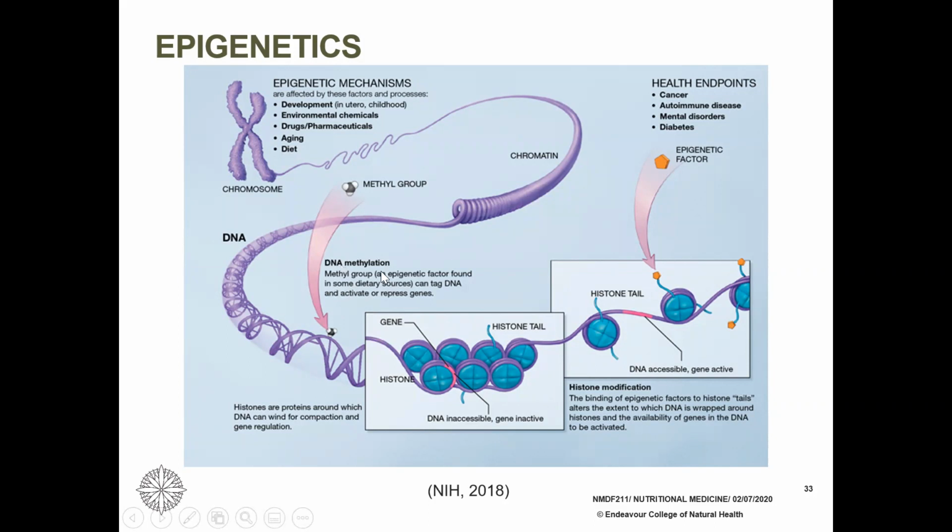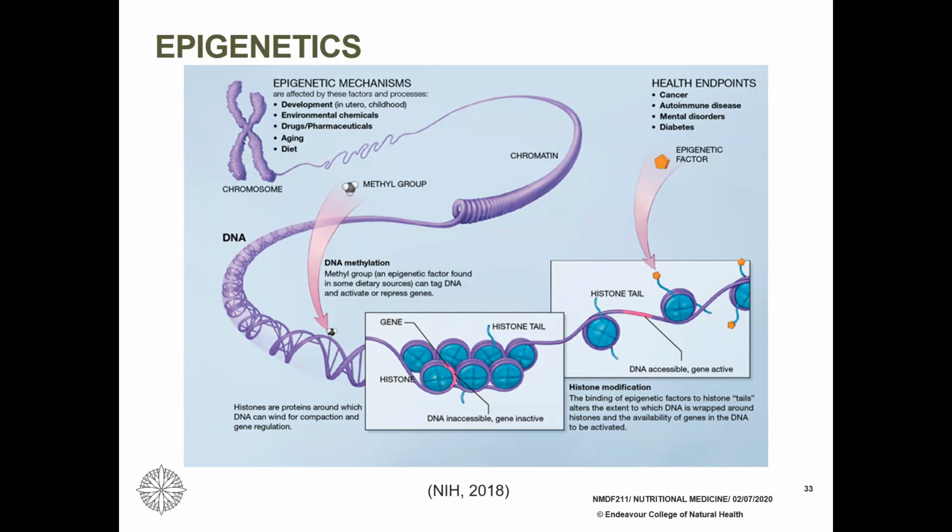In DNA methylation, again, I'm repeating myself, a methyl group can tag DNA and activate or repress it. Does anybody have a query at this point? I'm asking because earlier there was a notion that a methyl group always has to attach to DNA for that gene to be expressed.